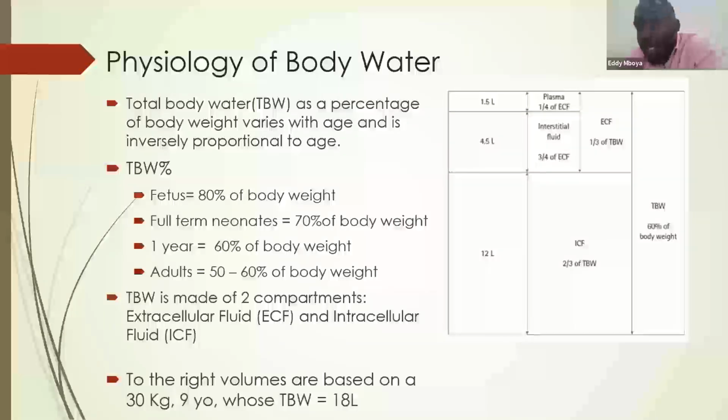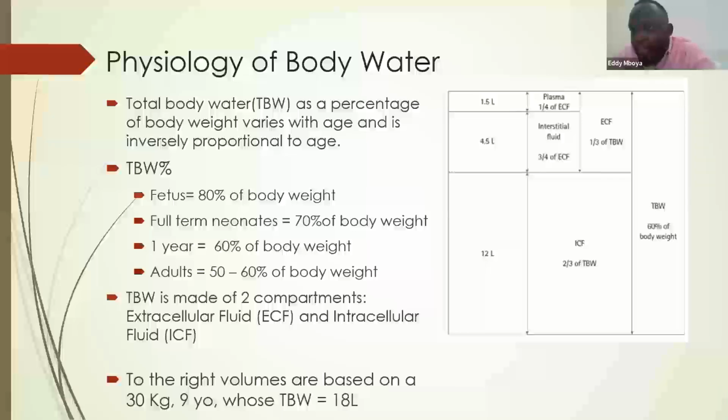Then their composition also varies in terms of electrolytes. We have the major intracellular cations, and you find that their composition varies. Extracellularly, the major cation is sodium, which makes around 135 millimoles per liter, almost half of the osmolarity of your extracellular volume.